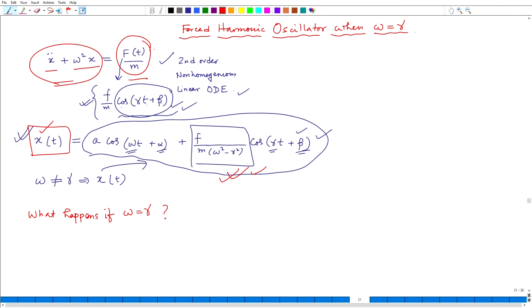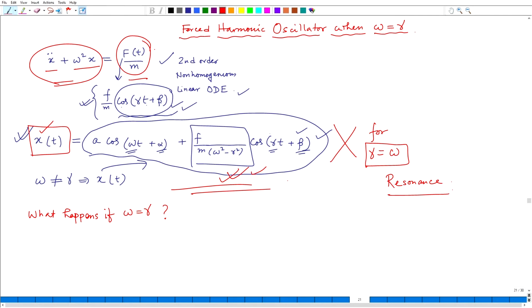So, there is a problem, and we concluded in the last lecture that it is not a good solution for gamma equal to omega. This case, gamma equal to omega, is actually known as the case of resonance.